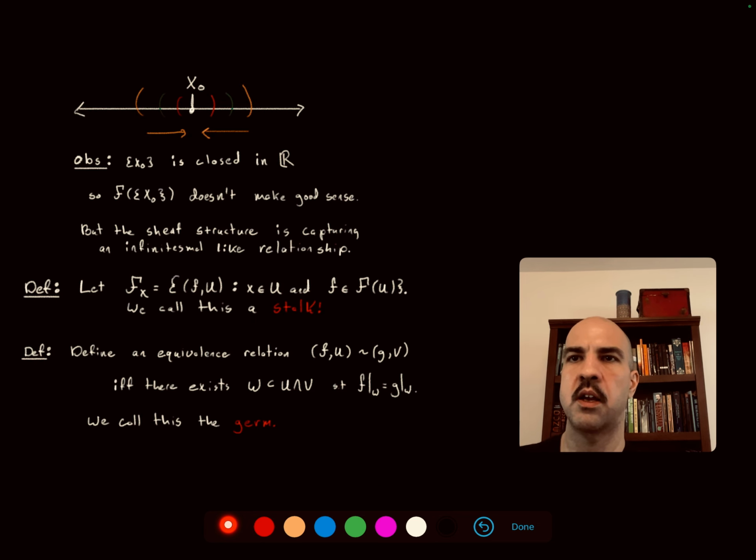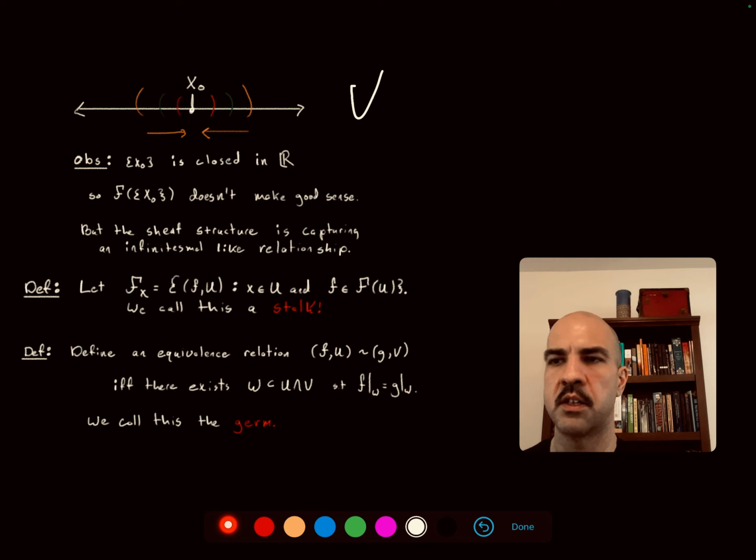So here, we have these open sets, and these open sets kind of collapse, these open sets get smaller and smaller. We want to look at what happens as it converges towards a point x naught. But x naught is closed in the real numbers, it's a singleton.